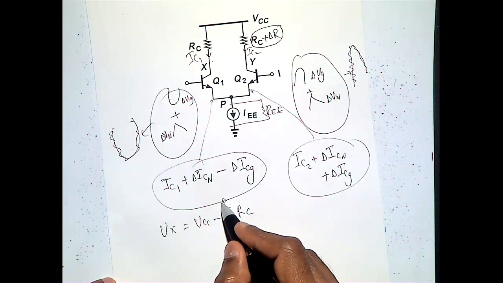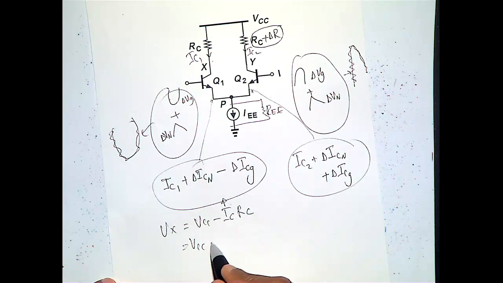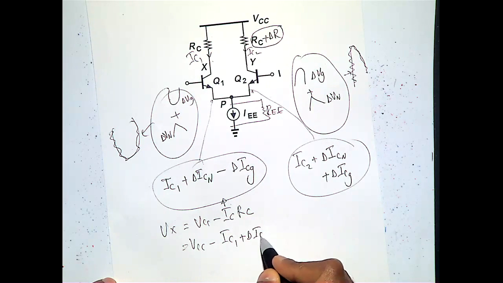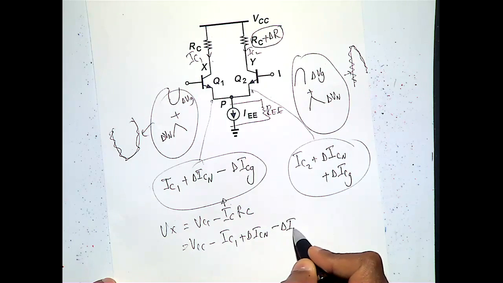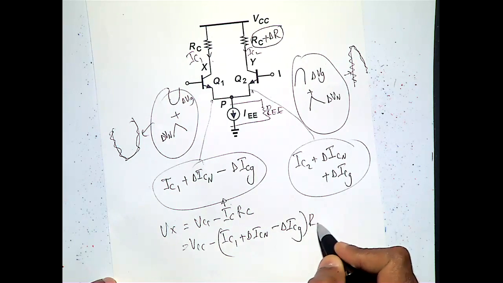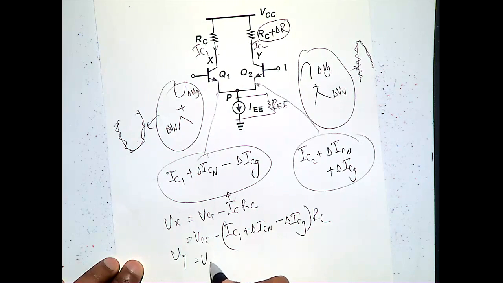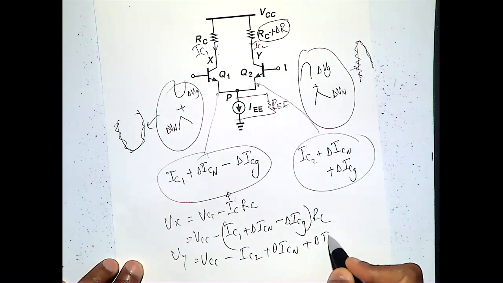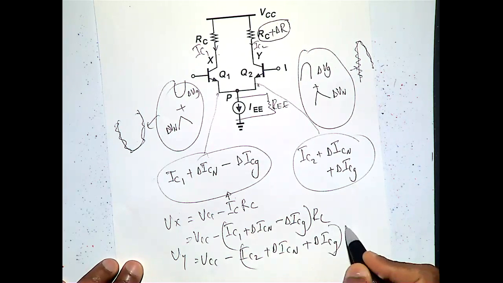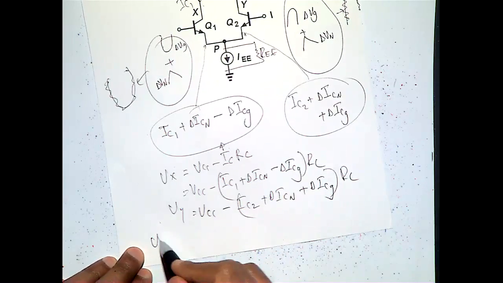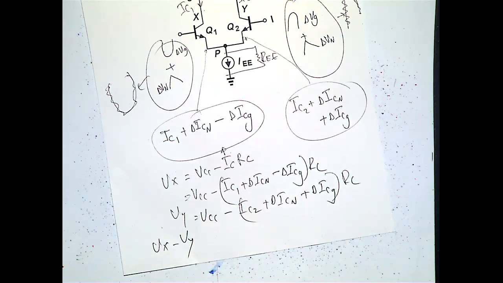This is the value. So which is equal to VCC minus, if you put IC1 plus delta ICN minus delta ICG, into RC. So Vy is VCC minus this value, IC2 plus delta ICN plus delta ICG, into RC. So when you take Vx minus Vy, what will happen?